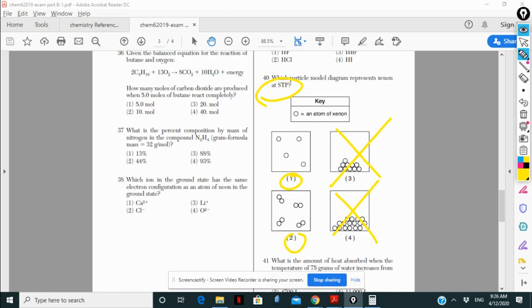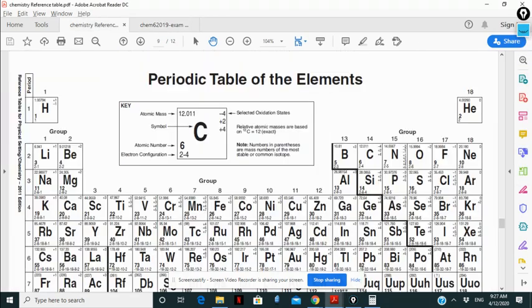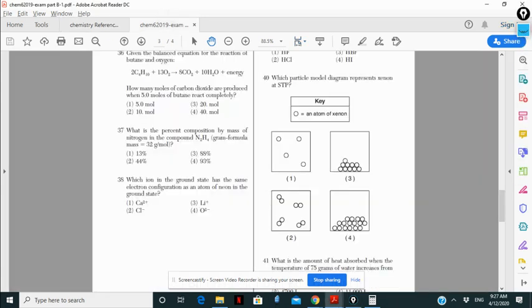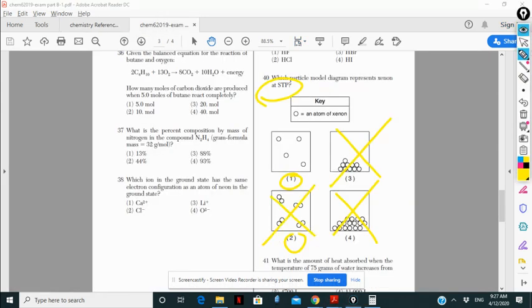Now, xenon, if you look in the reference sheet, is a noble gas. Noble gas means it doesn't participate in any type of bond, so it cannot be diatomic. So the answer must be number one, as xenon is a noble gas.